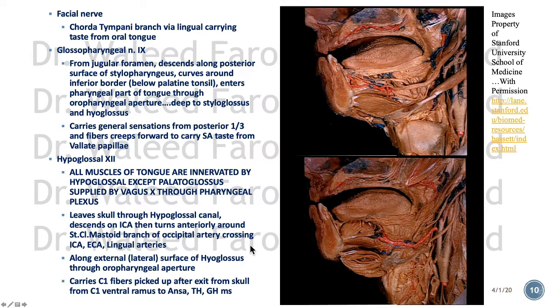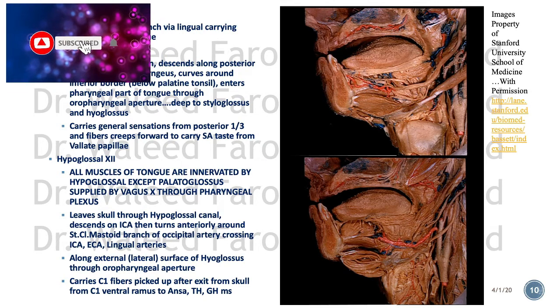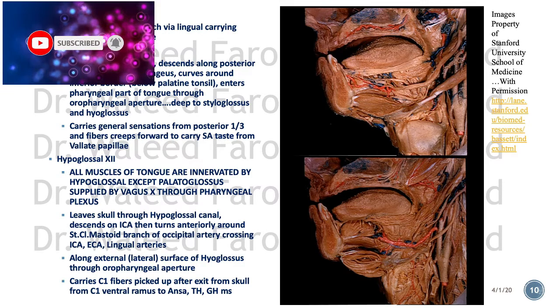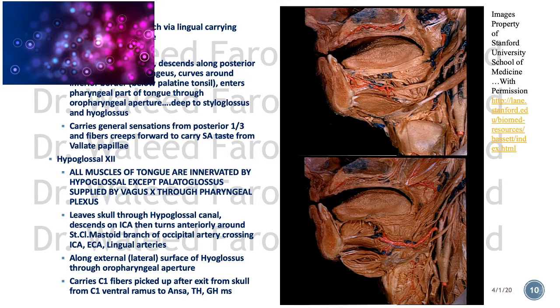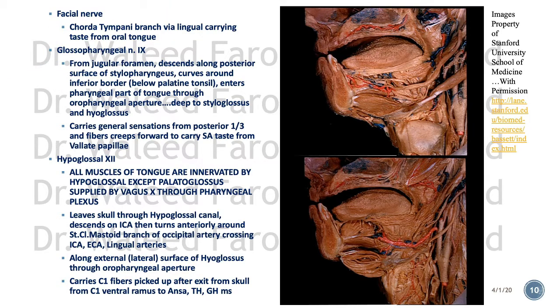Remember, the hypoglossal nerve descends from its own canal near the occipital condyles and the foramen magnum of the skull, descends on the internal carotid, remember that, and then turns anterior, looping around a branch from the occipital artery to the sternocleidomastoid, and while going anteriorly, it crosses the internal and external carotid, then the lingual artery, and goes on the lateral surface of the hyoglossus towards the tongue to supply the muscles of the tongue.